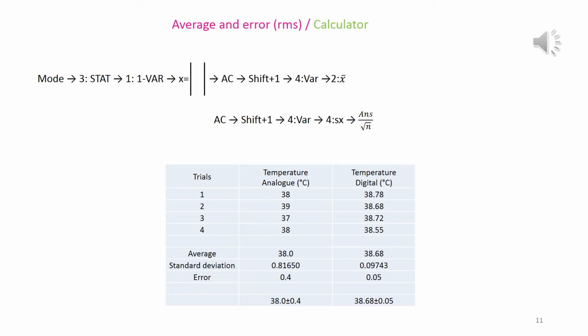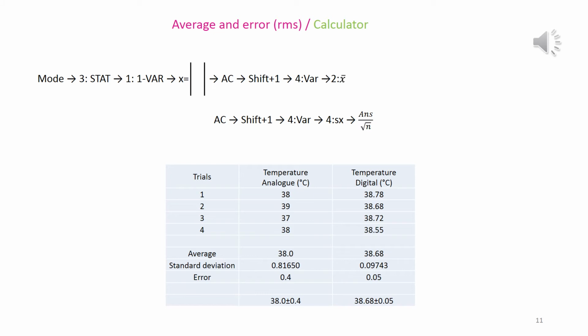So plug in these 4 values. Then press AC, and don't be afraid to press AC. It will not clear your data. Then press Shift, then 1. Choose 4 variable, and then you can choose 2 for the average or 4 as x for standard deviation.